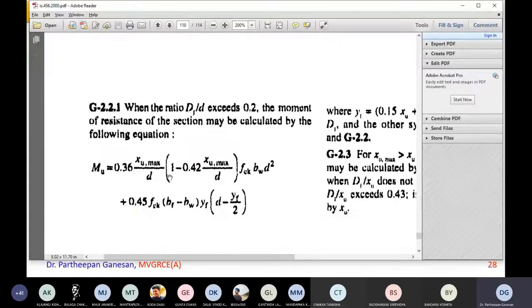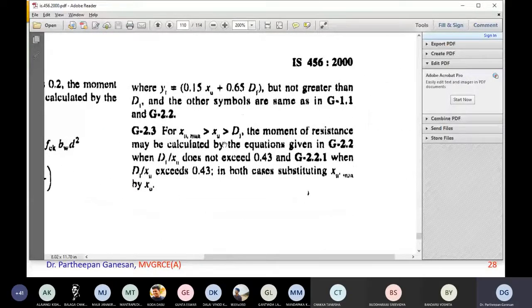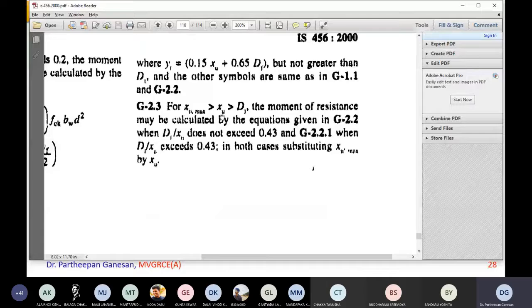This is case 5. Now here you see, when XU is less than XU max and greater than DF, this is case number 2 and 3. Greater than DF means what? The neutral axis lies in the web, right?